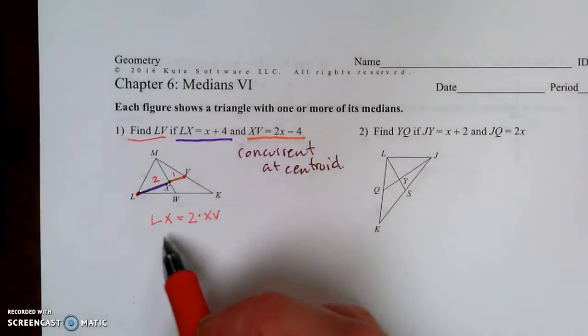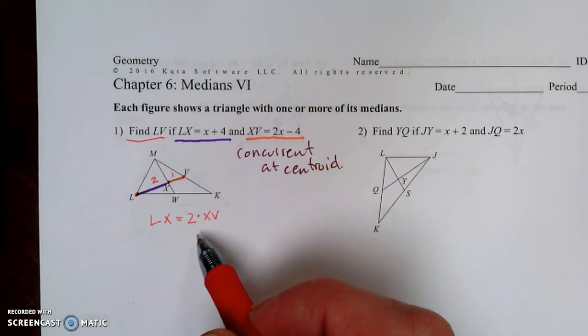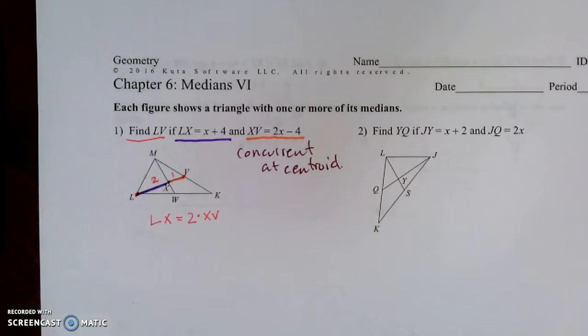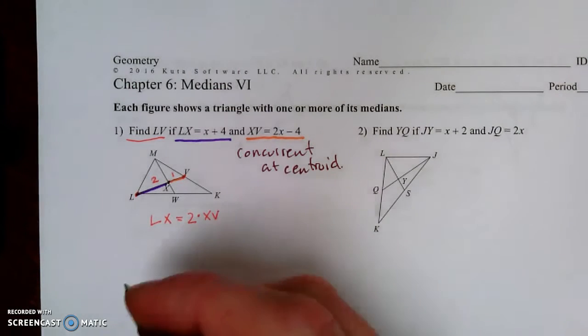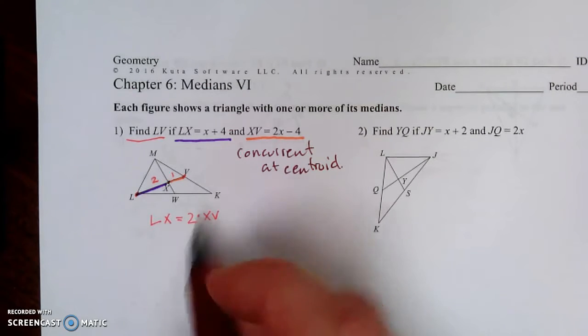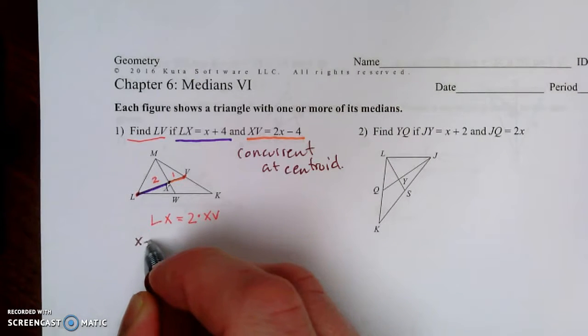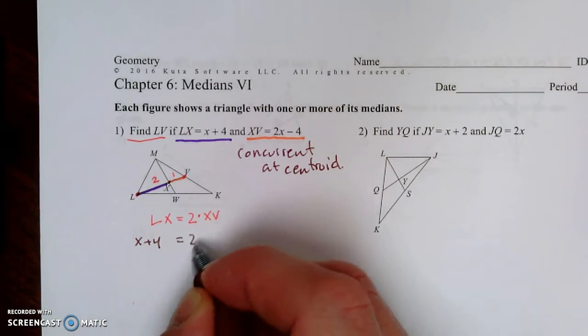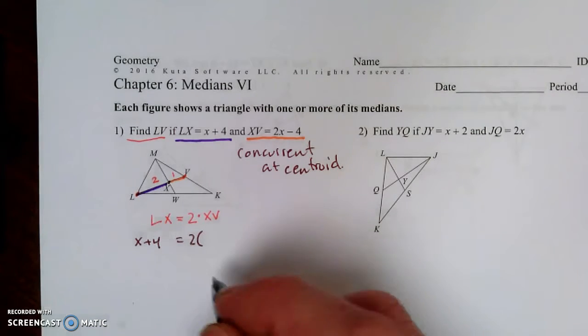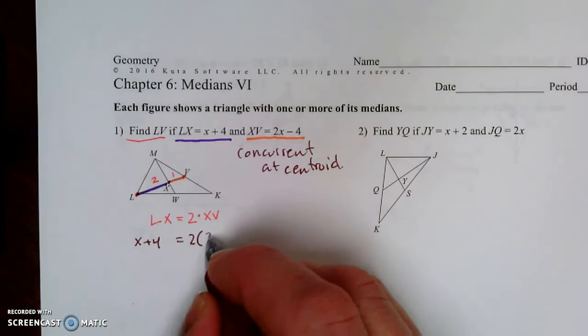I think it's a good idea to always write this out first so you just don't get confused. All right, so let's take a look here. Next up, LX, what's our expression there? It's x plus 4 equals 2 times, and make sure you put your second expression in parentheses, 2x minus 4.